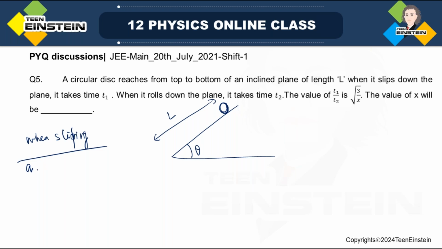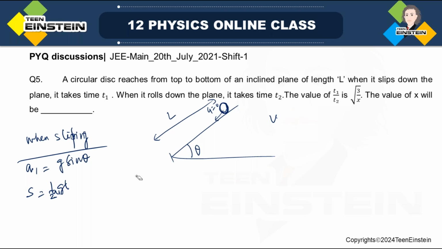The acceleration will be a1 is equal to g sine theta. That will be the acceleration along this plane. Suppose it starts from rest, u is equal to 0. I know the length, I know this acceleration, so s is equal to ut plus half at square. So u is 0, so half a1 t square.